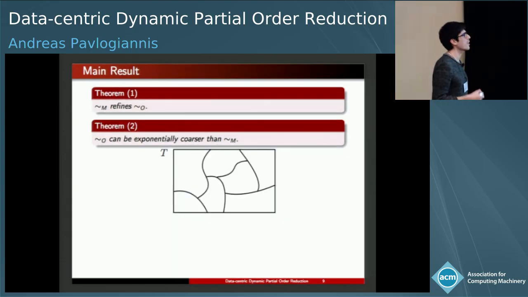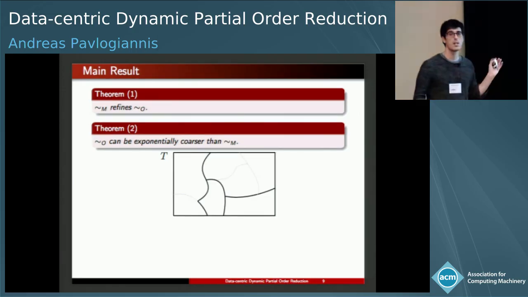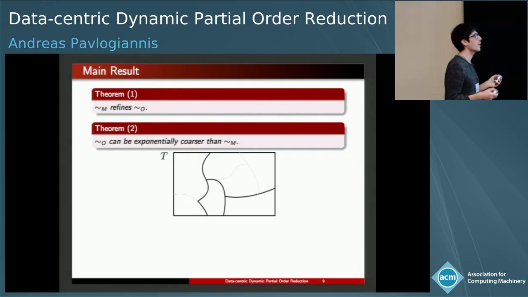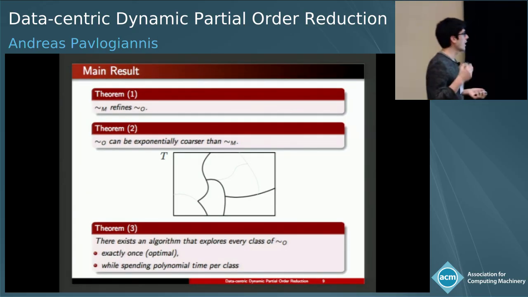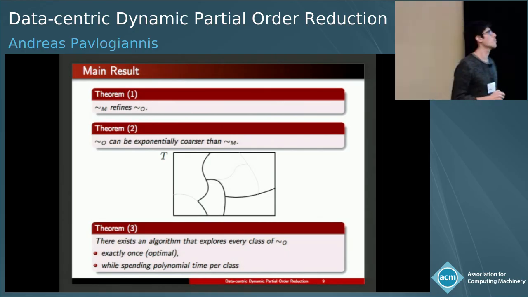So you go from a situation like this in the Mazurkiewicz partitioning to a situation like this where you have collapsed even exponentially many Mazurkiewicz classes into one big observation class. And theorem 3 states that there exists an algorithm which explores every class of this partitioning once, and it spends only polynomial time for doing so per class.